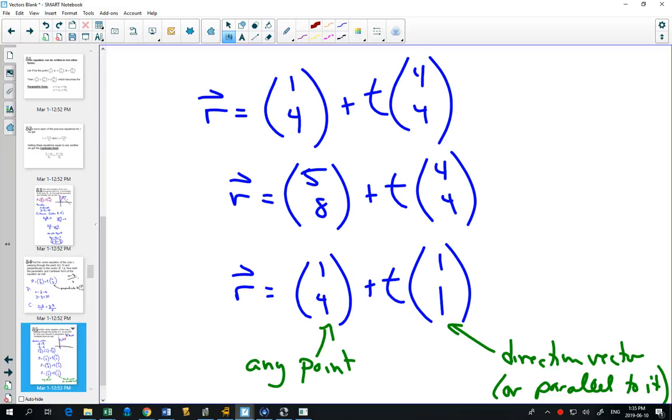It's kind of like slope. Does it make sense that the slope of this one is 4 over 4? We're going 4 in the x direction, 4 in the y direction. Slope is rise over run, right? And this one's slope is 1 over 1. Can you see that they're the same? It's just fractions have been simplified.